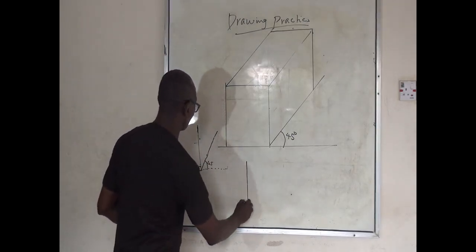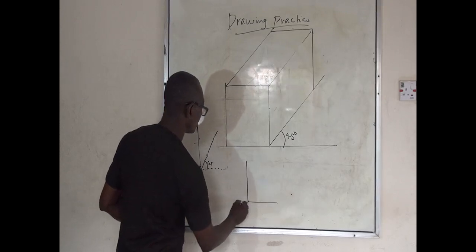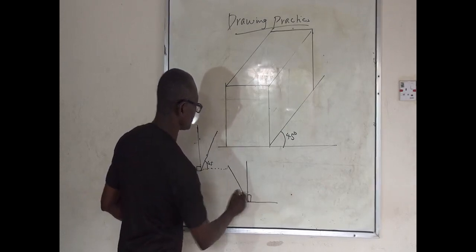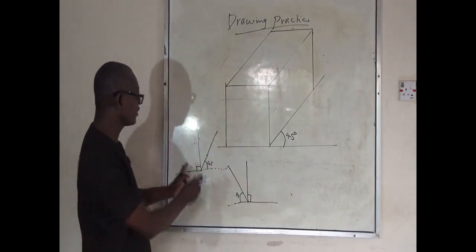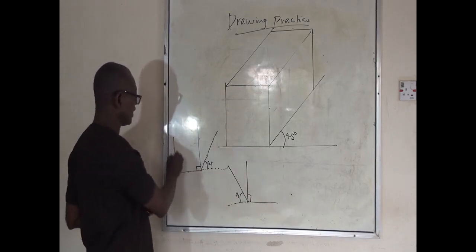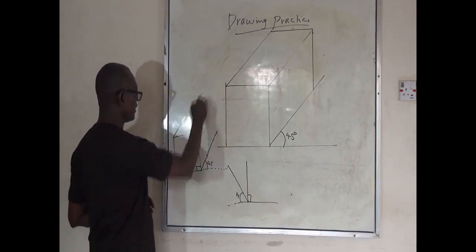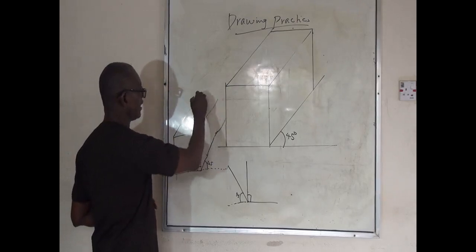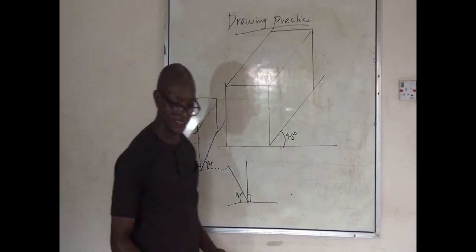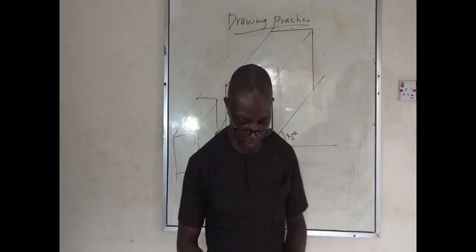It can also be the other way around, 45 and then 90. So this becomes a guide. From here you can now develop your box if you want to. You just put here, put here, put here, and then you have it. So that becomes a guide to your drawing.